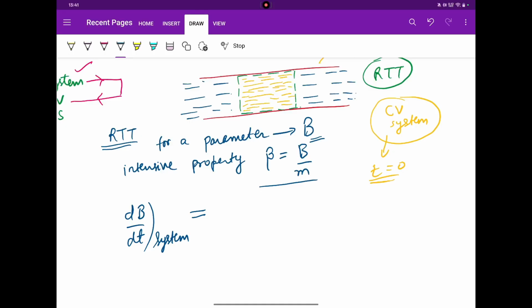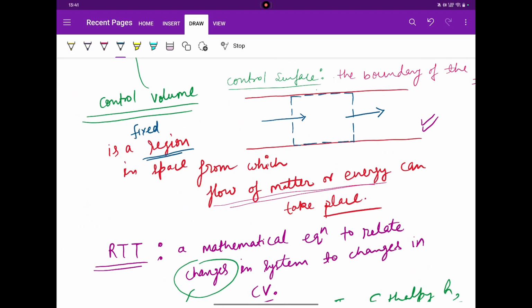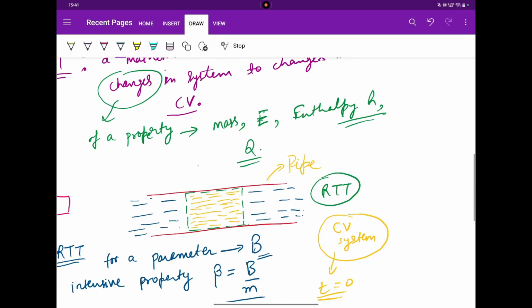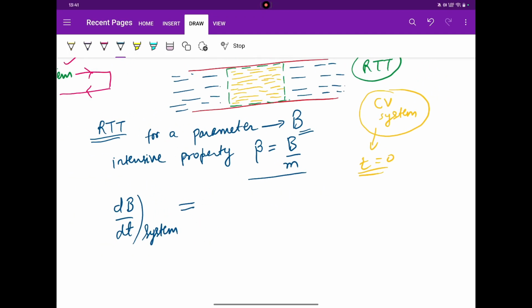But what happens to the control volume? Let me go back to the control volume. What was important here? It's a fixed region in space from which flow of matter or energy can take place. Now system can be related to control volume. I'm talking about some time t equal to t. What would have happened? Fluid may have crossed this boundary, because by the definition of control volume, fluid or any matter can cross the control surface.